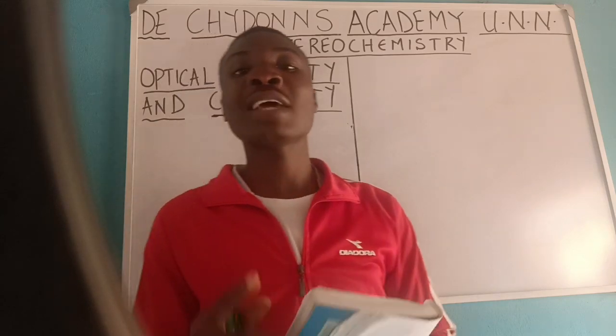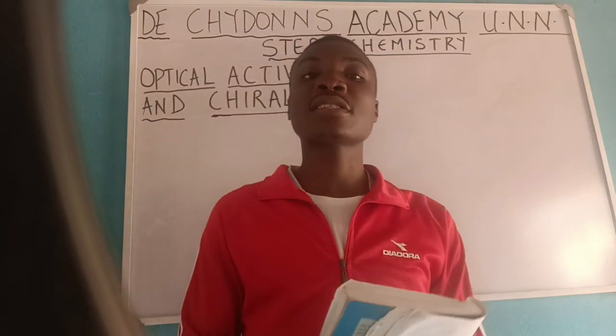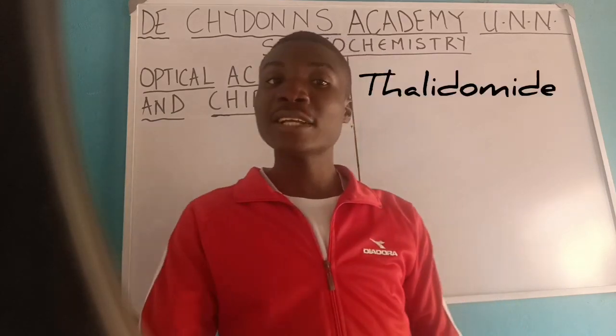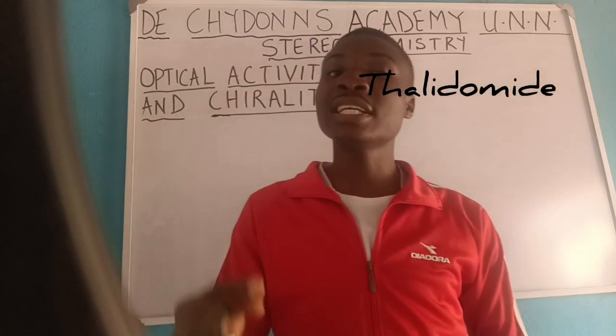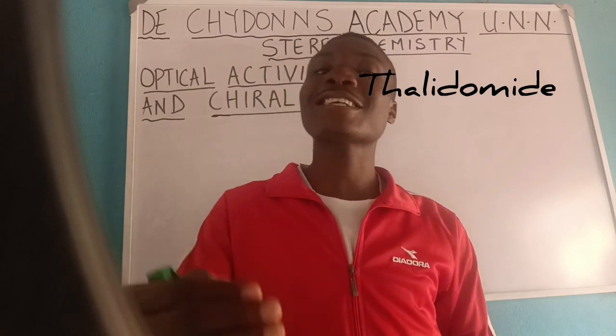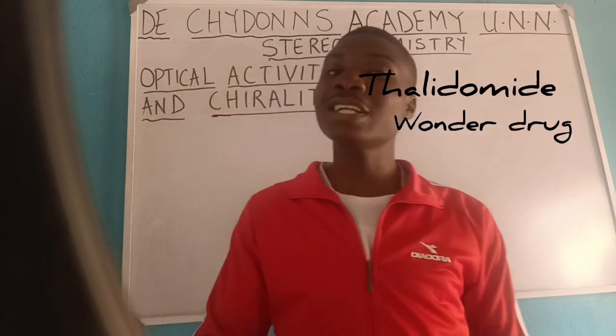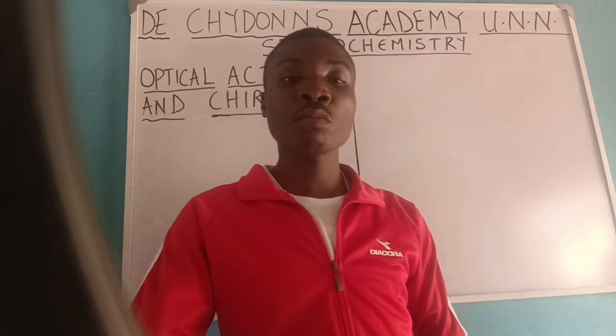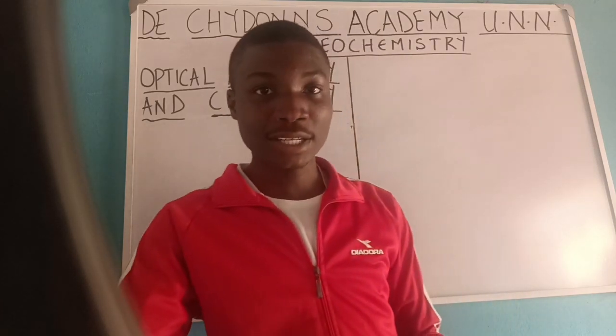So the first thing I'm going to be highlighting is the incident that occurred some years ago, which happens to be that of thalidomide. When thalidomide was initially introduced, it was introduced as a wonder drug because of its sedative effect. That sedative effect was used on pregnant women to treat morning sickness.